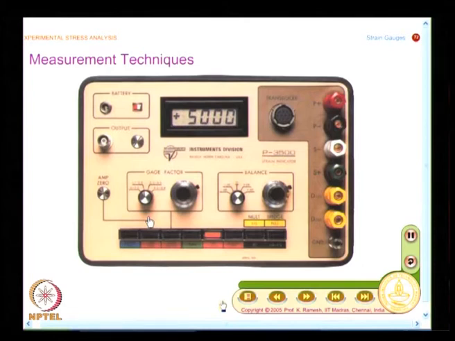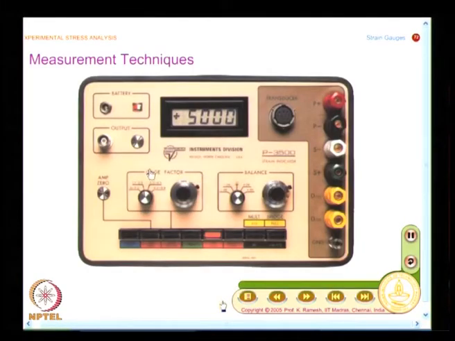I said S g is determined experimentally and supplied by the manufacturer. It is available with a percentage value of error. So, from batch to batch the S g can change, so you have to put in the appropriate value of S g. Not only this, later we will take up some discussion on how to account for transverse sensitivity effects. Some of these effects can also be easily cancelled by modifying your gauge factor appropriately.